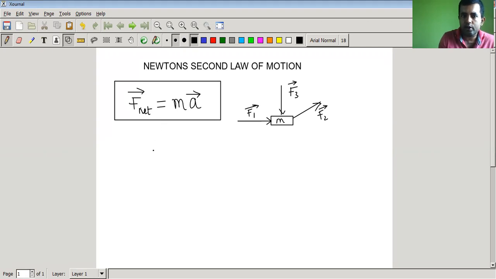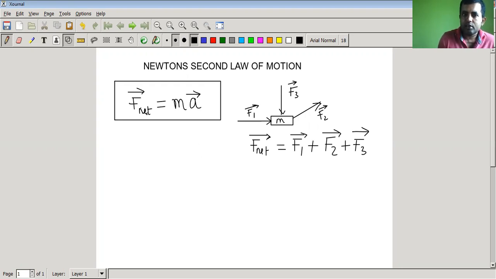Here, what is important, you have to understand that net force is the vector sum of all the forces acting. So in vector terms, in this case, the net force will be equal to F1 plus F2 plus F3.